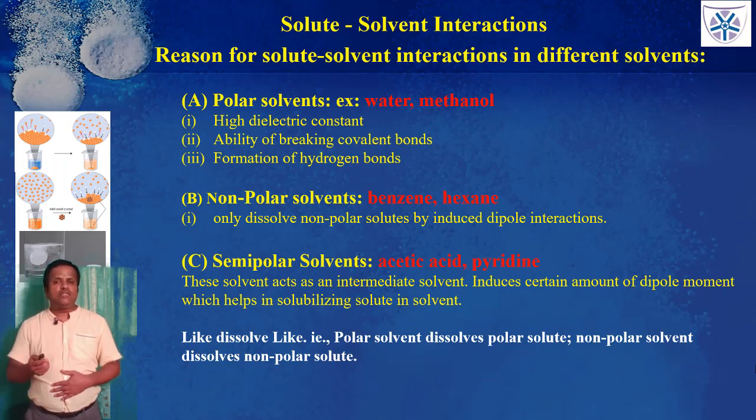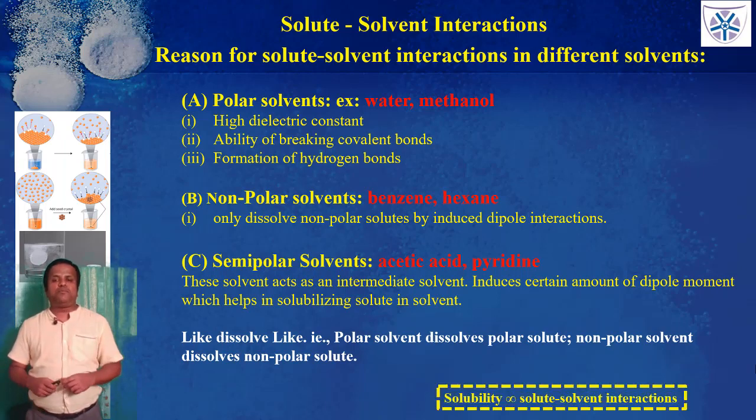So these are the reasons for solid-solvent interactions in different solvents. The solubility is directly proportional to solid-solvent interactions, right? That's what we explained in the mechanism part. That means if solid-solvent interaction is increasing, then solubility automatically goes up.